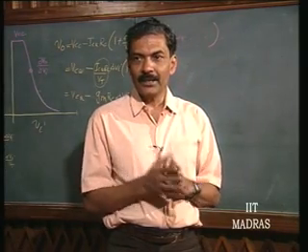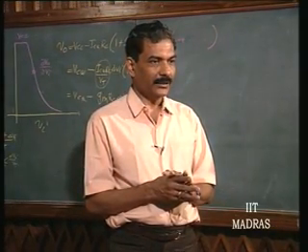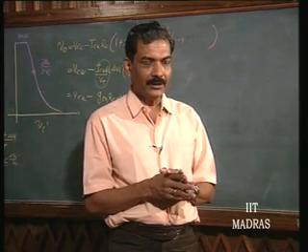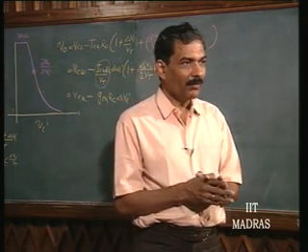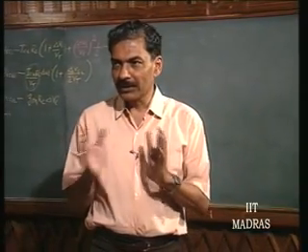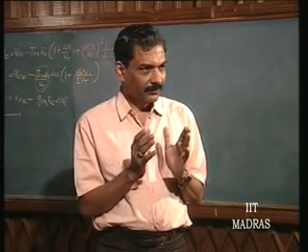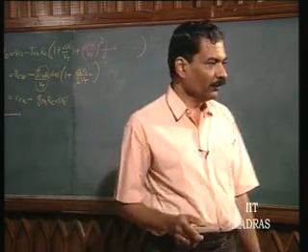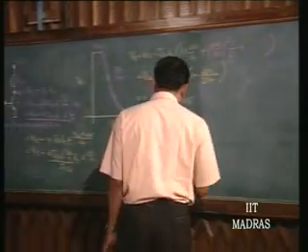What is the coefficient of this voltage, that VBE? VBE changes with respect to temperature in a manner which is minus 2 millivolts per degree centigrade rise in temperature. You know all this, right? A diode which is forward biased has a temperature coefficient of minus 2 millivolts per degree centigrade.